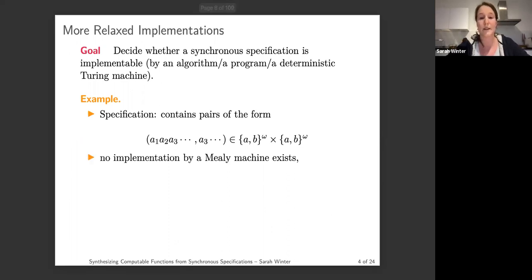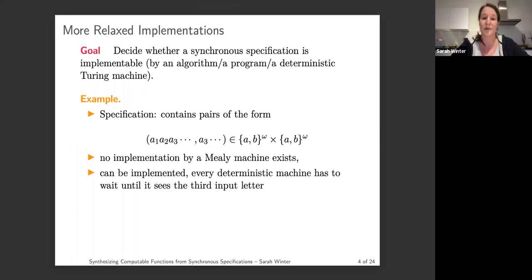And here, this is a specification where there is no implementation by a Mealy machine, because a Mealy machine reads the first input letter and then it directly has to produce an output letter. And of course, it can't produce the correct letter before it sees the third letter, but it has to directly produce an output letter. So there is no way to have an implementation by a Mealy machine.